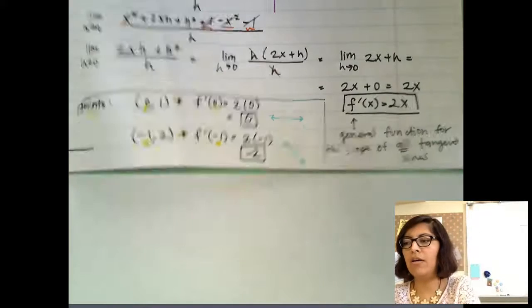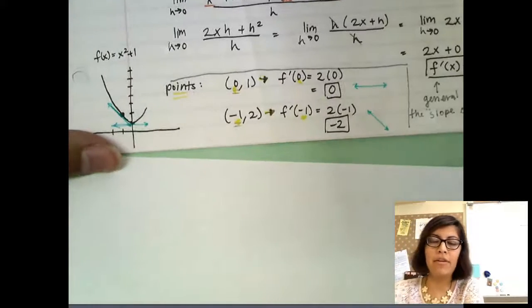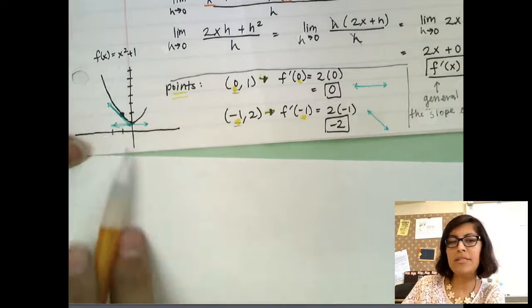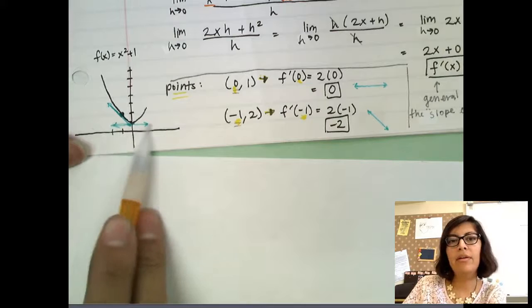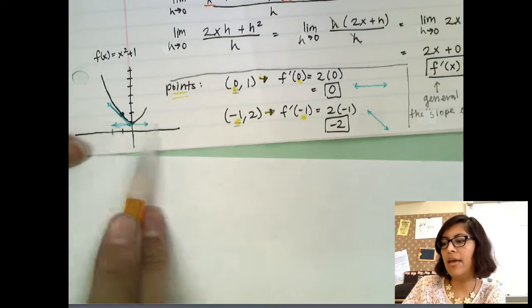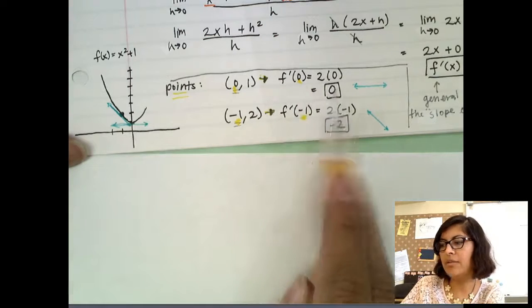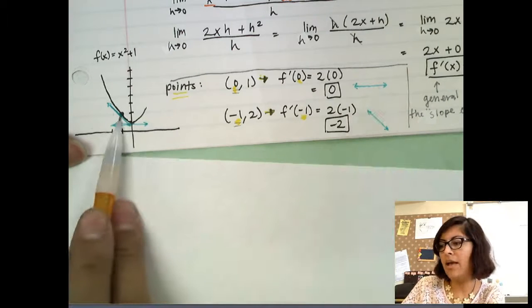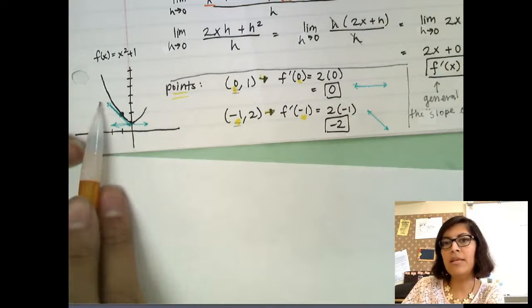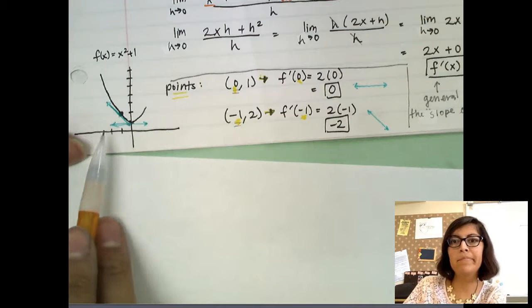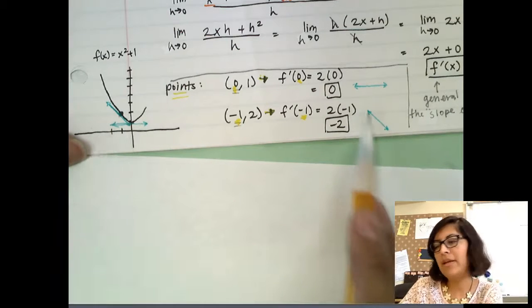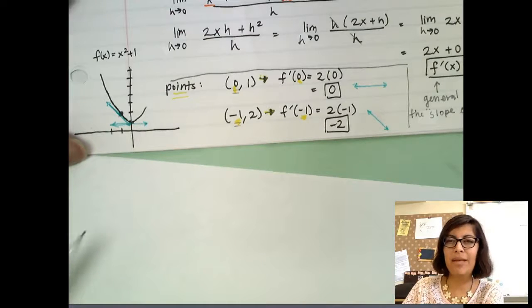If you look at it on the graph of x squared plus 1, at (0, 1) the tangent looks like a horizontal line. Here's that horizontal line. At (-1, 2), it looks like a negative slope, which is at -2. So it kind of makes some sense.